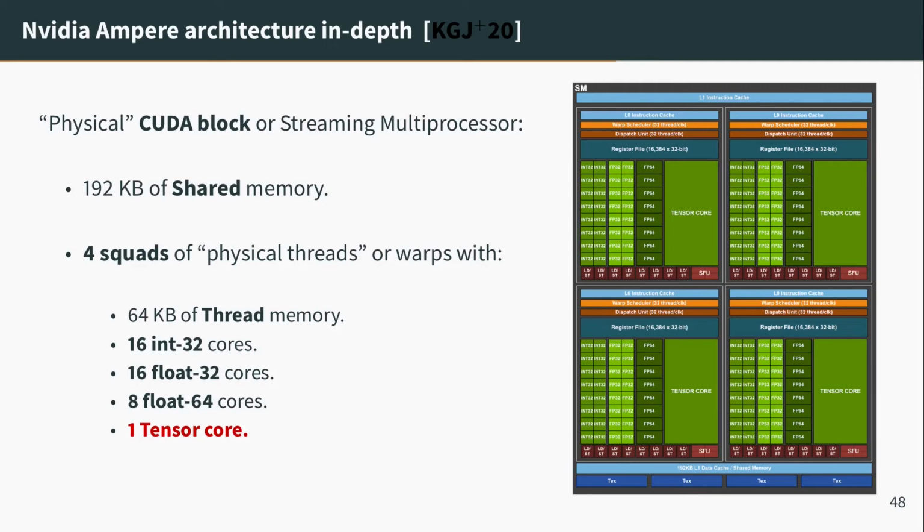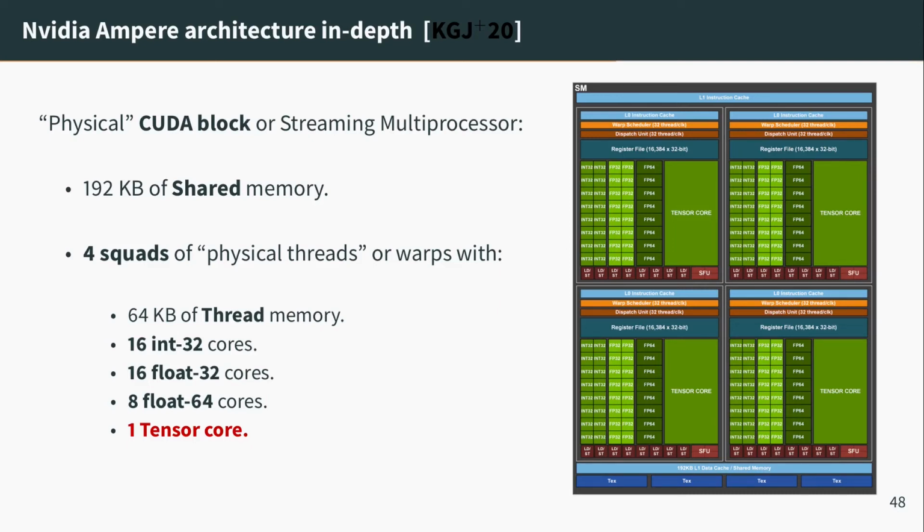And if you look at the diagram of a streaming multiprocessor, first, here you have the shared memory. So this is really like the office shelf in the photo that I showed you earlier. And on the Ampere, so on the A100 GPU, it's a bit less than 200 kilobytes of shared memory.